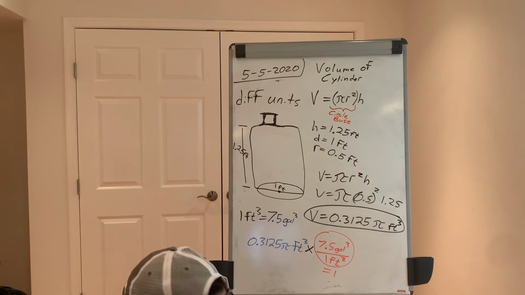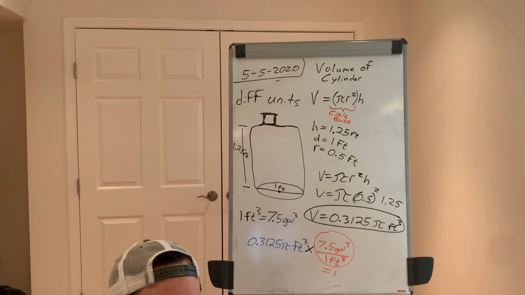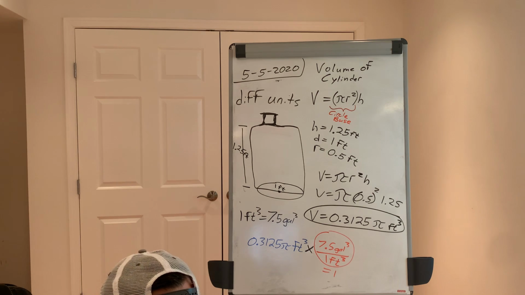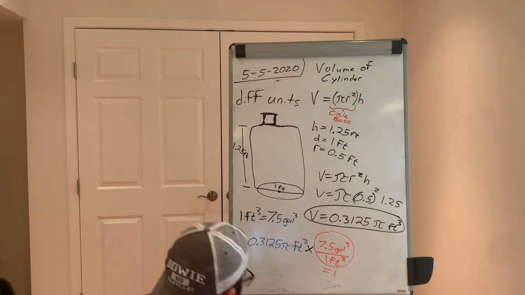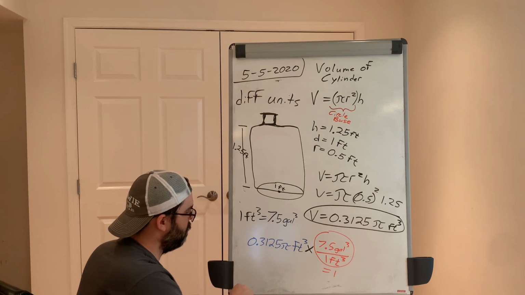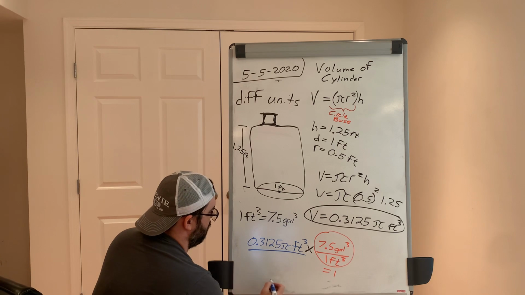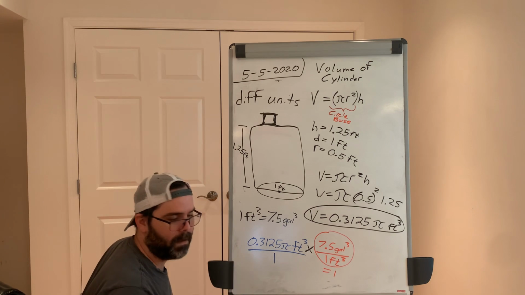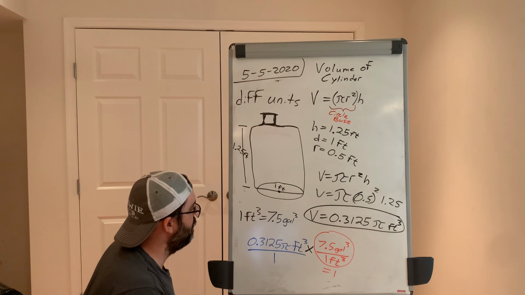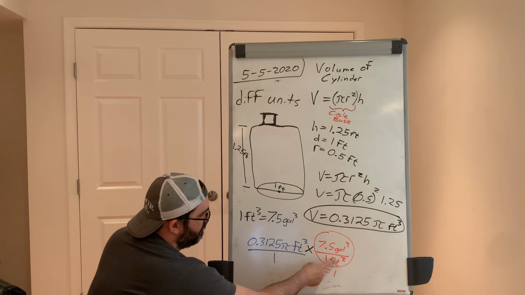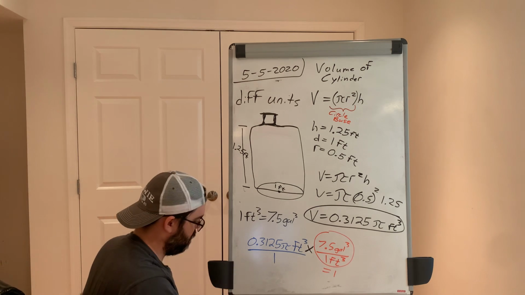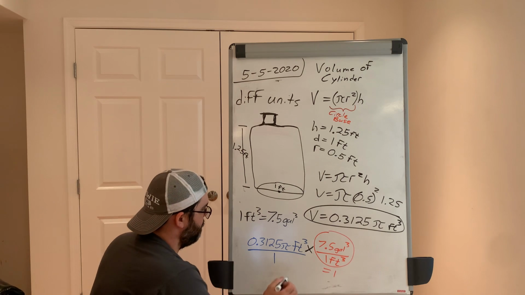But when I do that, watch what happens to the units. So ignore the numbers, we're just looking at the units, okay? First of all, what's the denominator of this one? Just 1, okay. You can add that or not, it doesn't matter. So what is feet cubed and feet cubed? What happens to those? Well, they cancel.